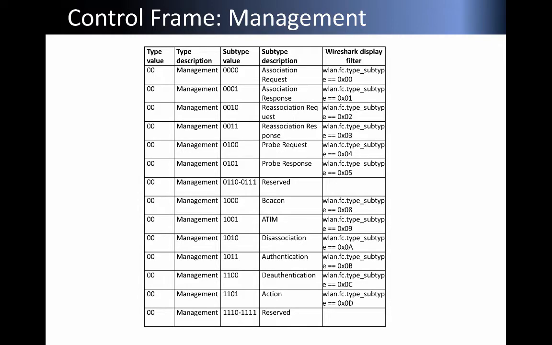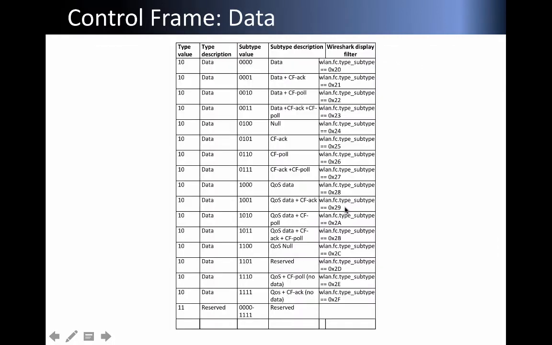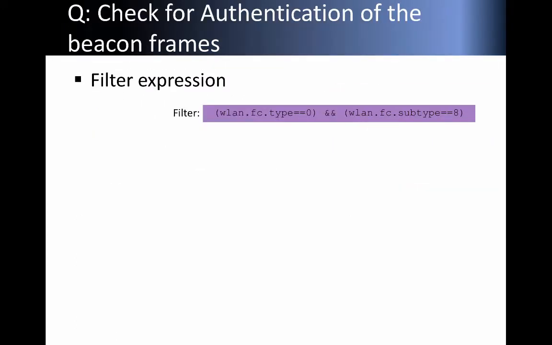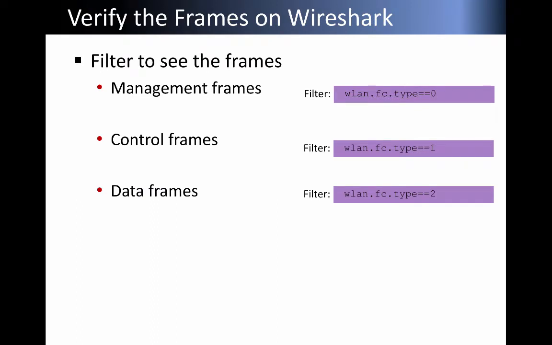See here, 8 means... so 4, 5, 6, 7, oh, 8 is here, right? This is the beacon, which is 1000. That's 8. Okay, this is the last.